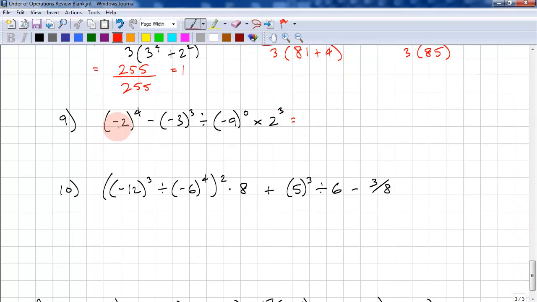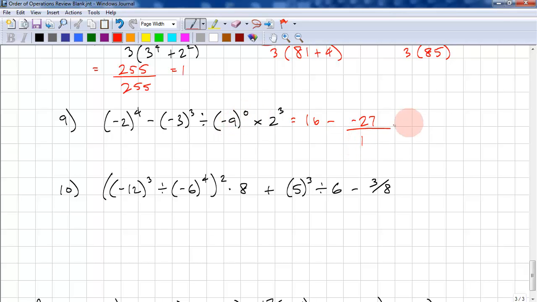Okay, negative 2 to the power of 4. That's 4 negative signs, so our answer is positive. So we have 16. And this is all one term. So we have minus negative 3 cubed. So that's 3 negative signs, so that's negative. This is negative 27. And we're dividing by negative 9 to the power of 0.